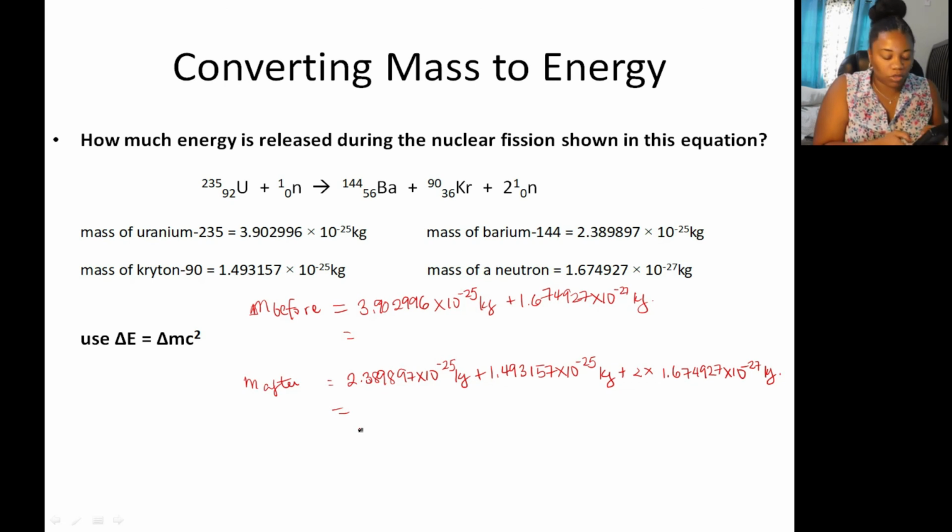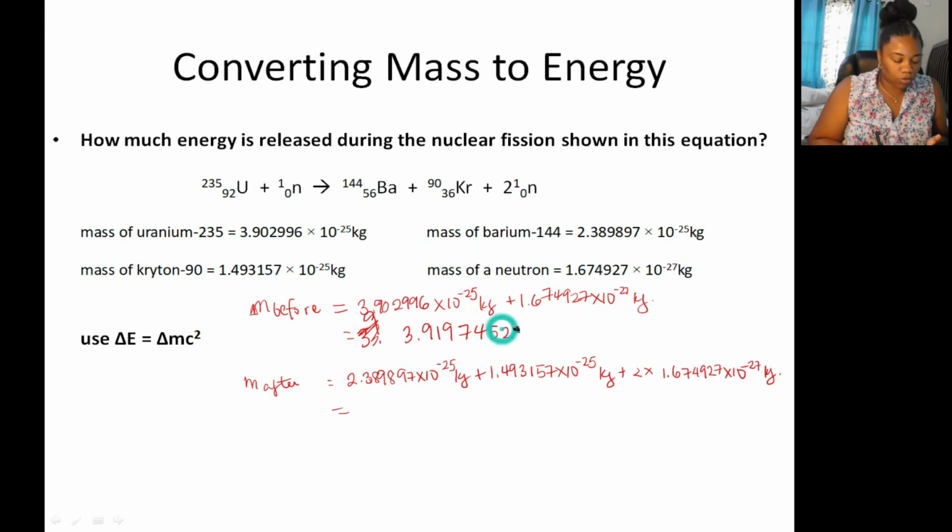Plus, don't forget to use your brackets, because some calculators don't make it easy for you. Okay, so this will give us 3.919745227 times 10 to the negative 25 kg.